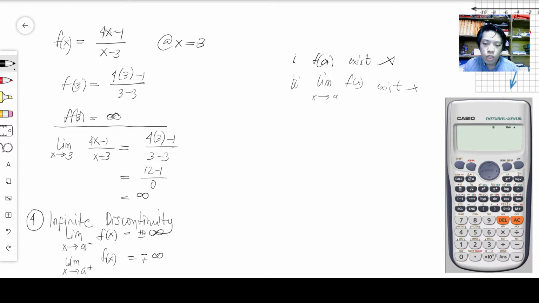If the left-hand limit is positive infinity, the right-hand limit should be negative infinity. If the left-hand limit is negative infinity, the right-hand limit should be positive infinity. If that's the case, we have what we call the infinite discontinuity. And it is seen on its graph.